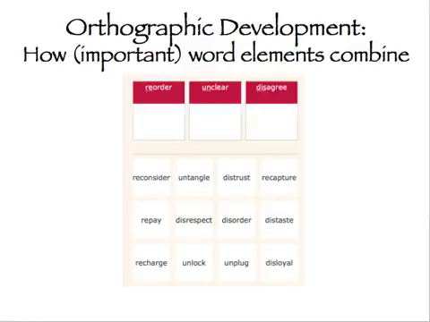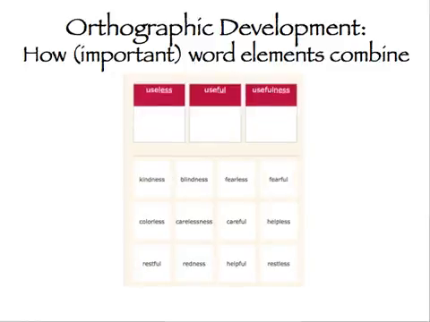So matching those with the headers, reorder, unclear, disagree, is a good way to get kids to pay attention to those syllables and how you pull a big word apart into little parts which are much more manageable than that big word, and it allows them to decode those big words. And another example here. So one way to support orthographic analysis is through these kinds of word sorts, and again, these are in Words Their Way.